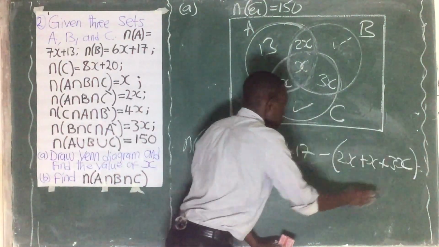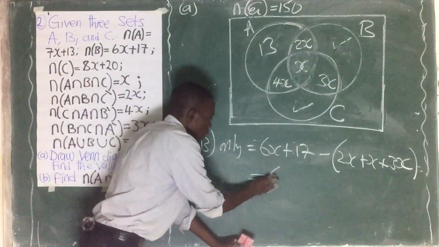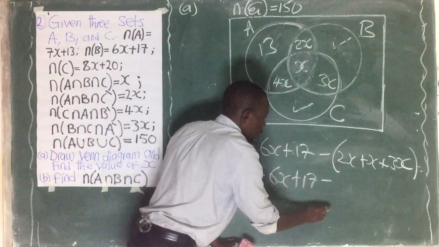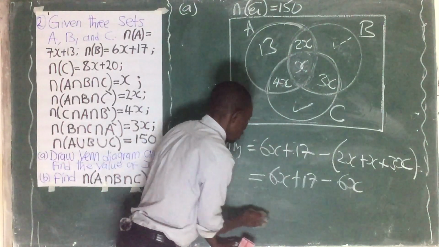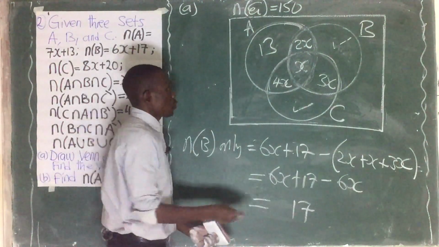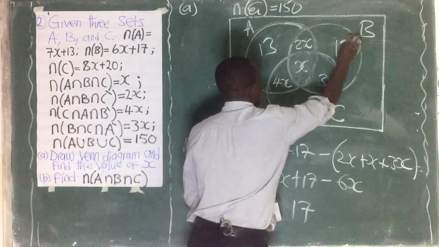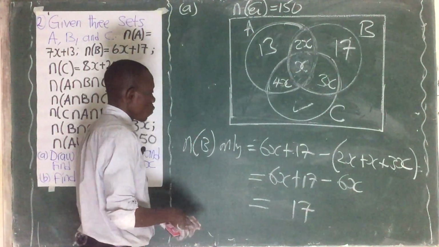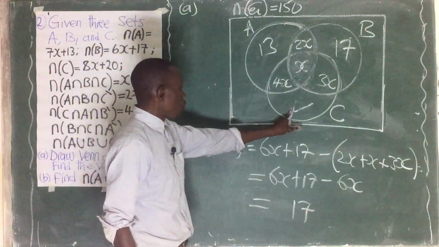Right. So if we simplify that, we have 6x plus 17 minus 6x, so the answer is 17. So which means here I'm going to fix 17.